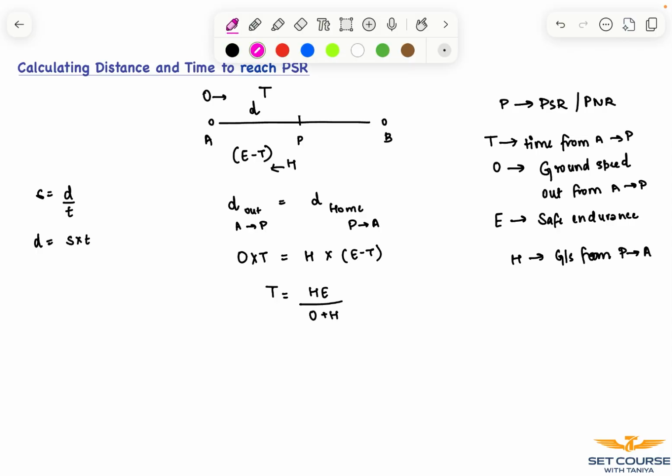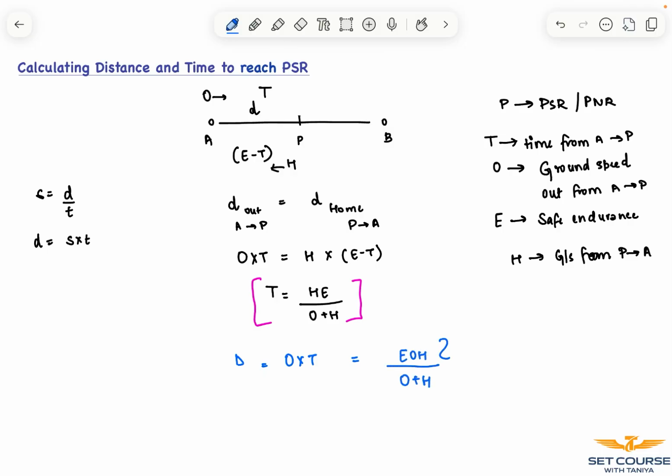This is our time to reach point of safe return. Now we know that distance equals speed times time, so we can calculate the distance as O into T, which is EOH divided by (O plus H). This is our distance to reach point of safe return.